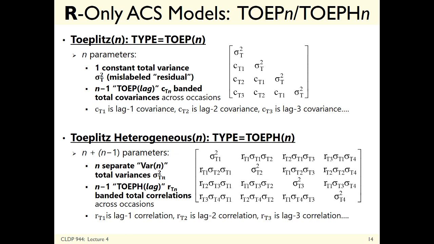So those are our patterns. Unstructured, athleisure wear. Always fits, not always appropriate. Compound symmetry, skinny jeans. Very restrictive, doesn't work for everybody. AR1, tapered jeans. Gets too small at the bottom. Correlations do not decay that quickly within persons.